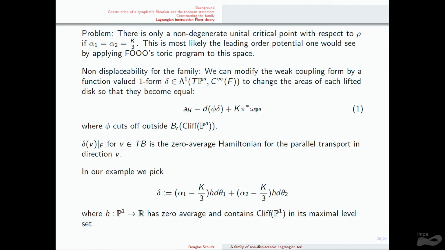You pick this H. So I'm not really modifying each fiber. It still agrees. I'm just tilting the connection a bit.